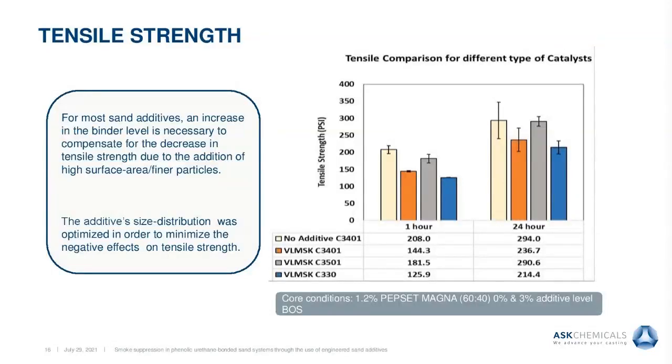It's not so fine that it will completely kill the tensile, but in any sand additive you want a distribution that is also not so coarse, so that it helps with metal penetration and improves surface finish. So we have worked on tuning this distribution to achieve those goals.